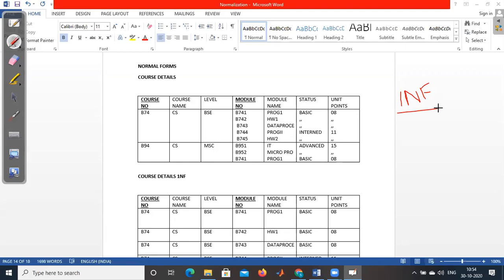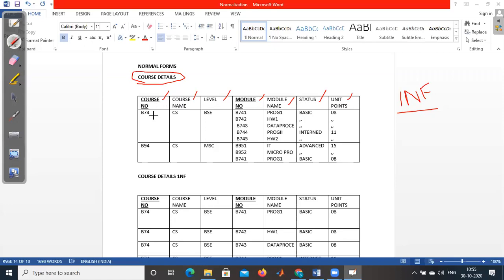See here, this is the course detail table, the course detail relation. It has course number, course name, course level, module number, module name, status, and unit points. All domain values must be atomic.